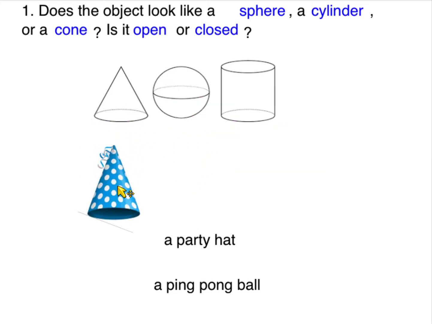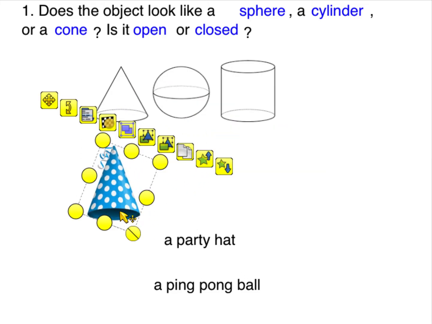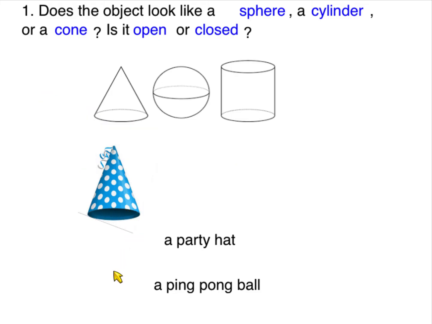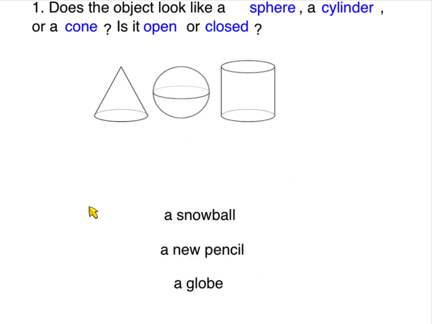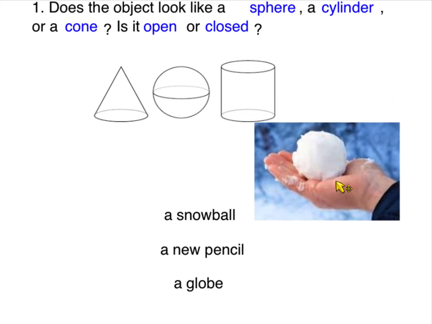It looks just like the cone, but see, it's not closed at the bottom. It's an open cone. Ping pong ball. Gave it away right in the word. Ball looks like a sphere. Snowball is a sphere.